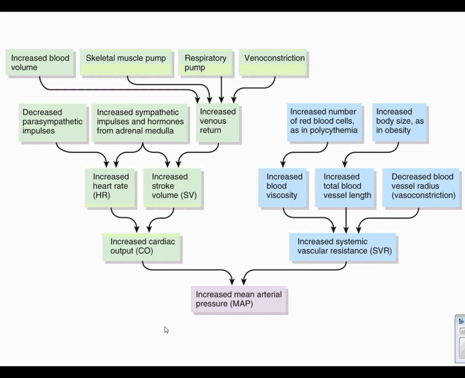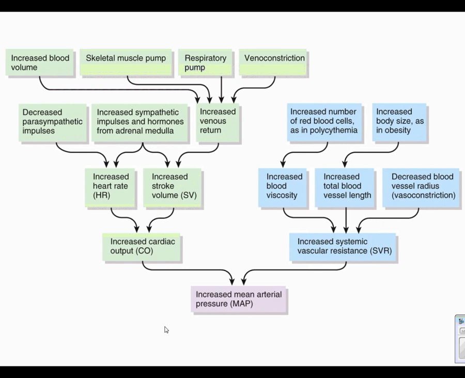So, mean arterial pressure is influenced by two major things. Cardiac output, which is influenced by heart rate and stroke volume. We learned the other day several different things influence heart rate: epinephrine, norepinephrine, sympathetic activity, decreased parasympathetic. Stroke volume is influenced by afterload, contractility, and preload.